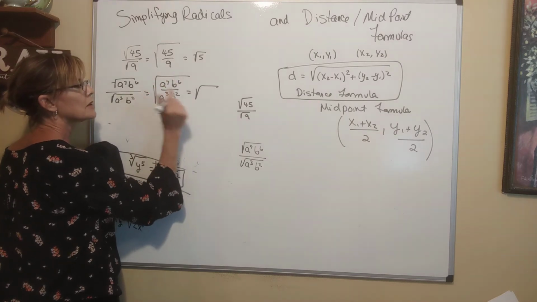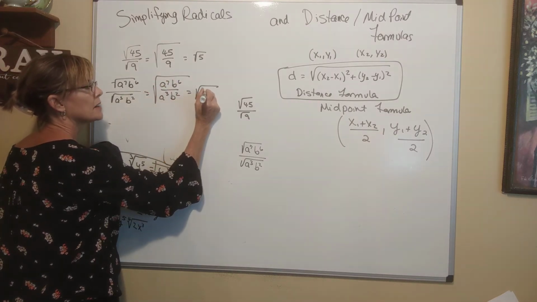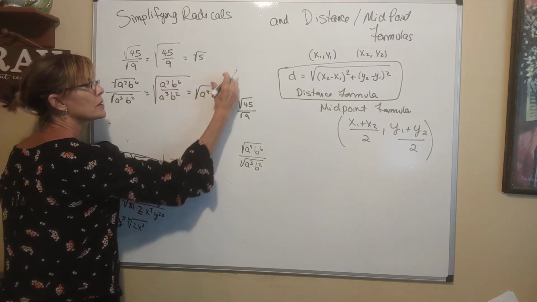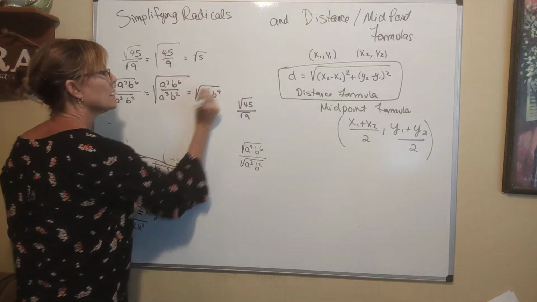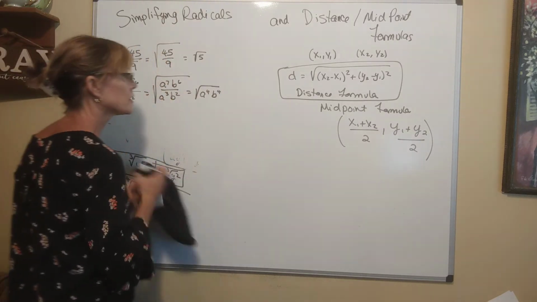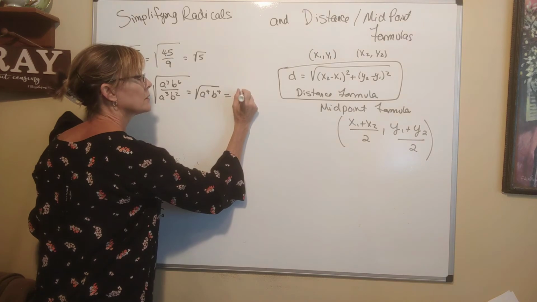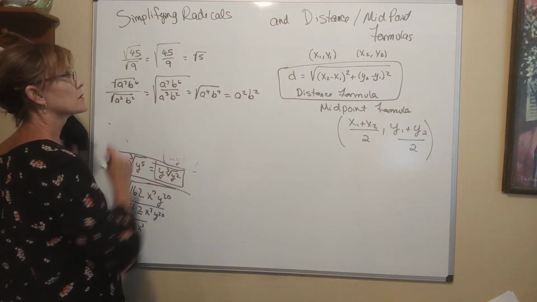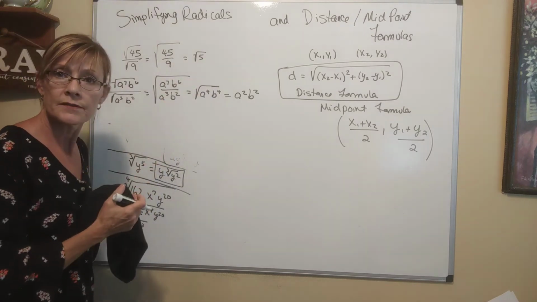I can wipe out 3 of these a's, and this will just be a to the 4th. I can wipe out 2 of those b's, and this will be b to the 4th. And then you can just say, okay, the index is 2. 2 goes into the power 4 2 times, no remainder. So that is simplifying radicals.